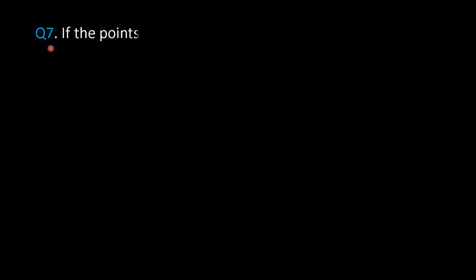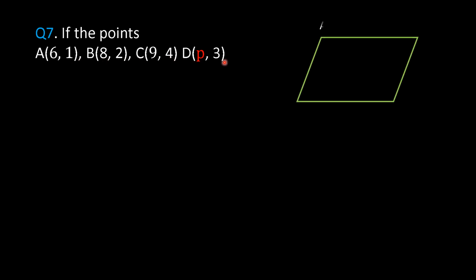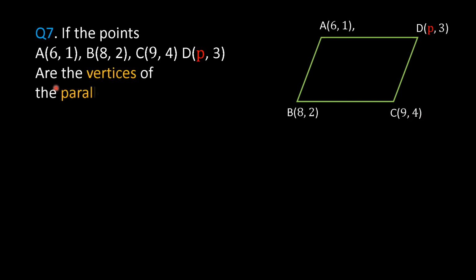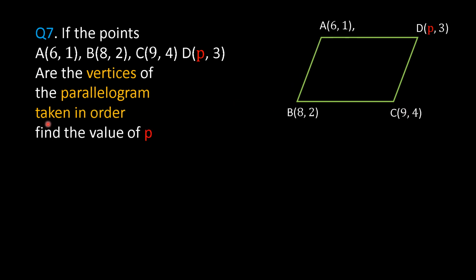In question 7, the points A(6,1), B(8,2), C(9,4) and D(p,3) are the vertices of a parallelogram taken in order, then we have to find the value of p.